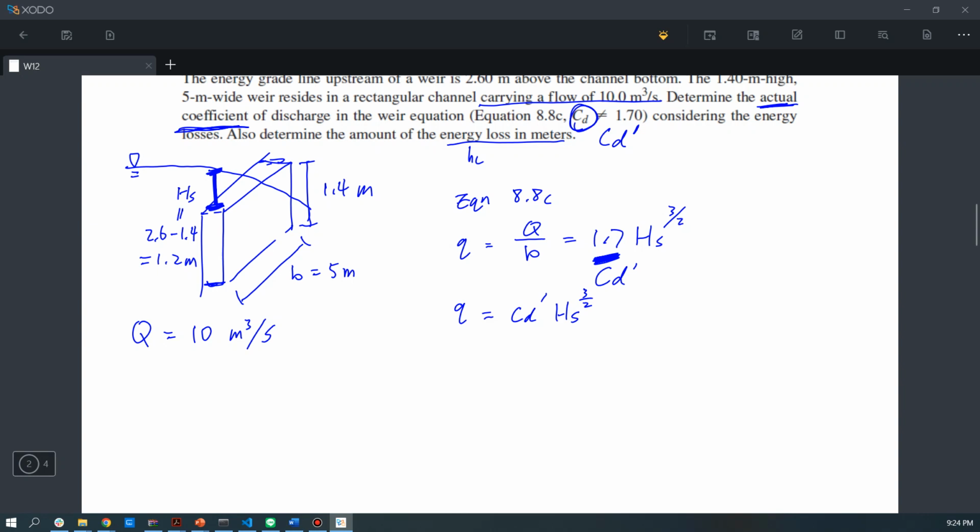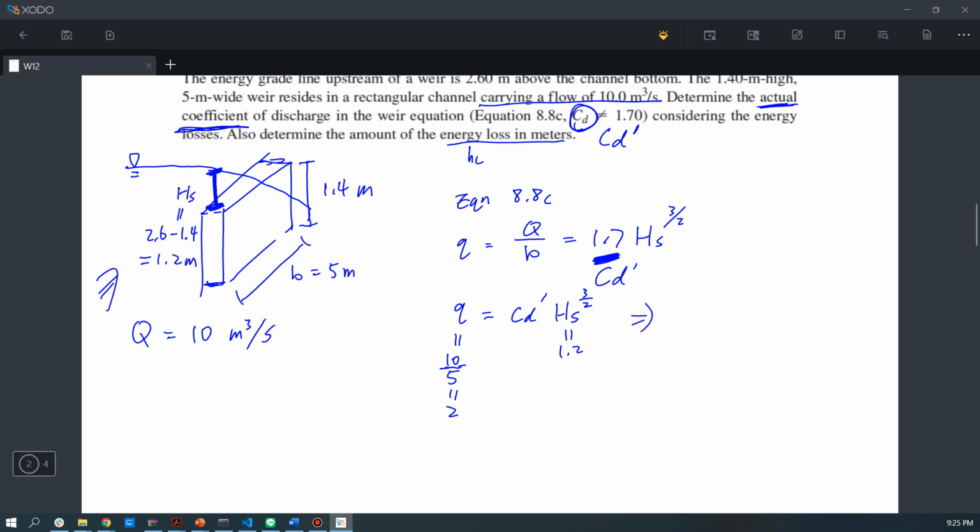And because we know that q equals capital Q divided by B, which is 10 divided by 5, because B is equal to 5 and Q is equal to 10, this is equal to 2. And we know H is equal to 1.2 as we calculated in this diagram here.